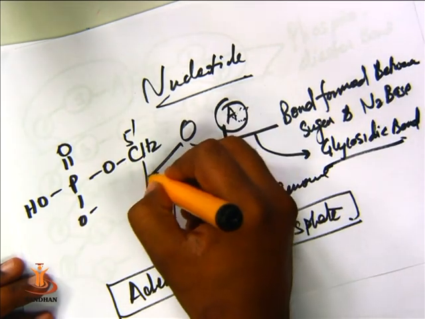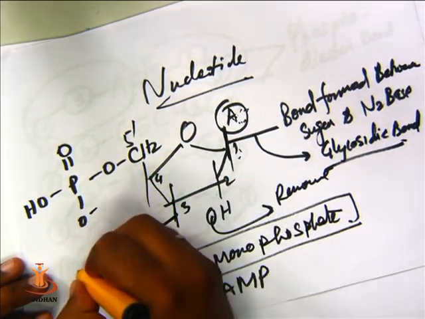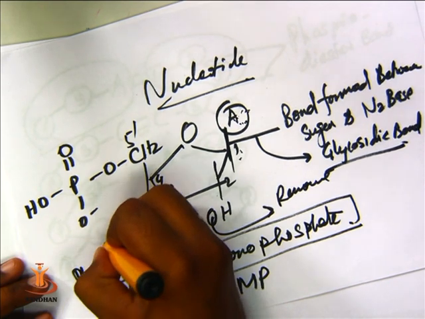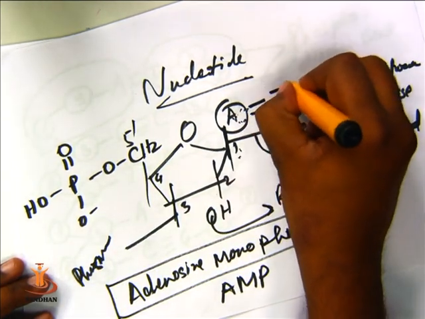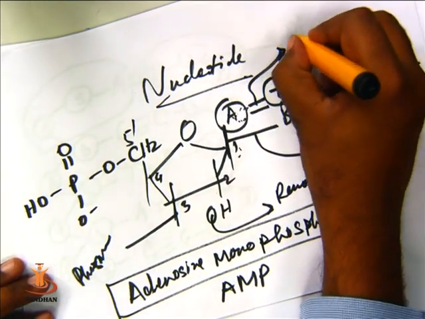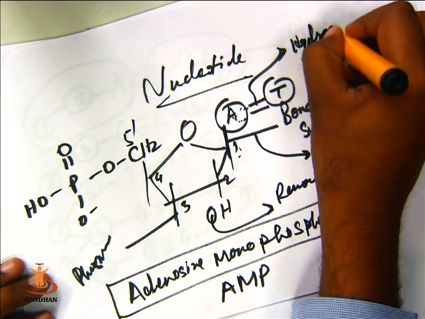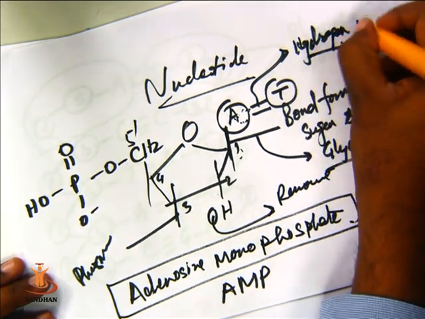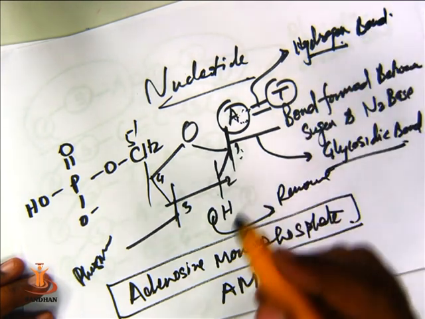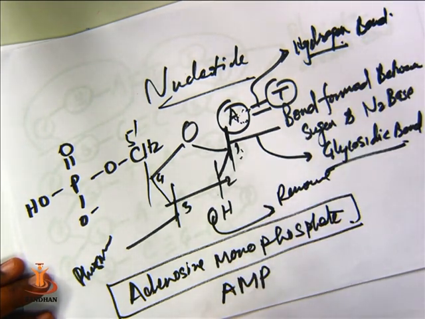And here they are making a phosphodiester bond, and here the end is open to make a hydrogen bond. So finally we can conclude about nucleotides or DNA. There are 3 different places where 3 different bonds are formed.